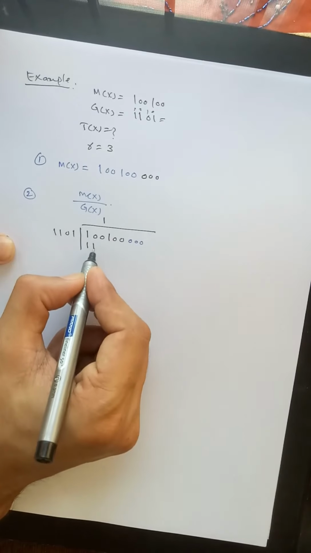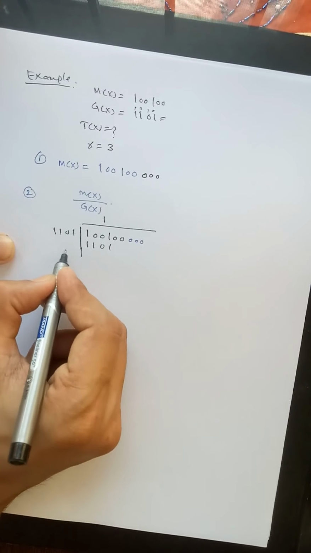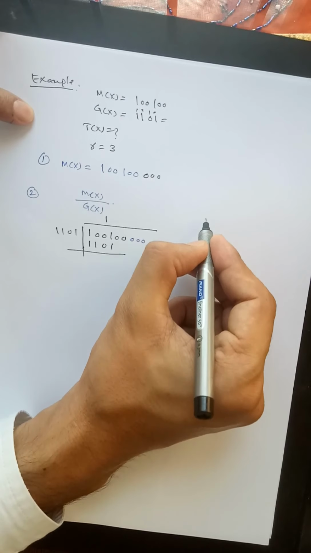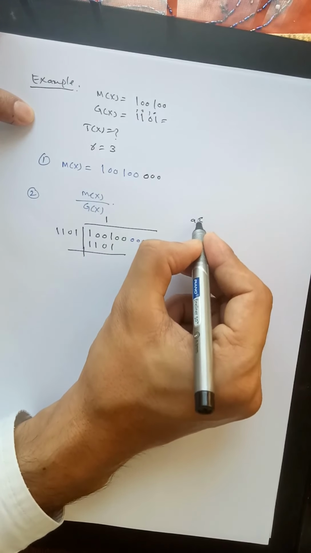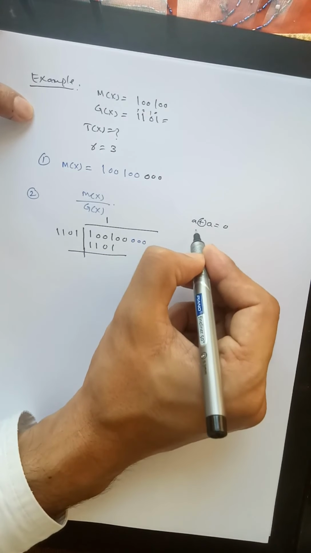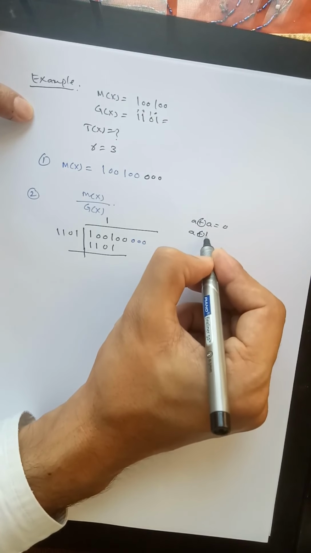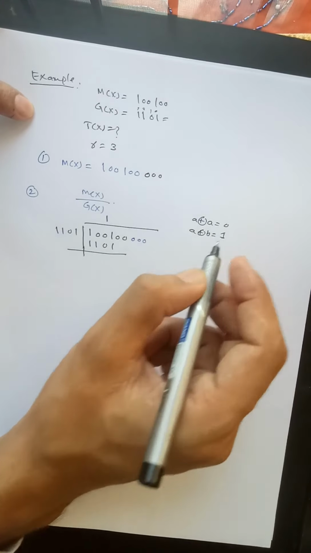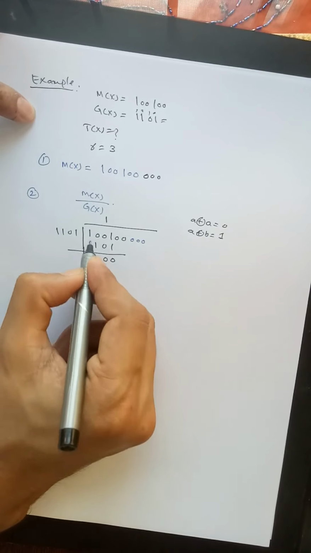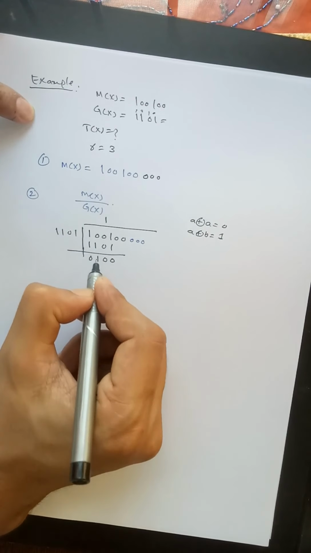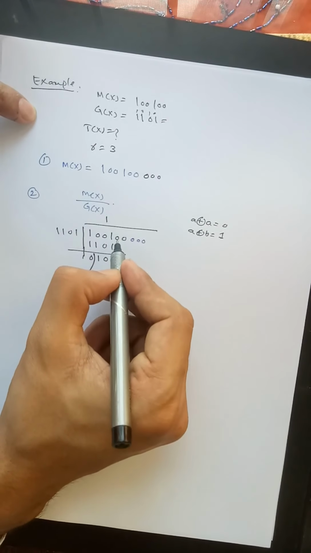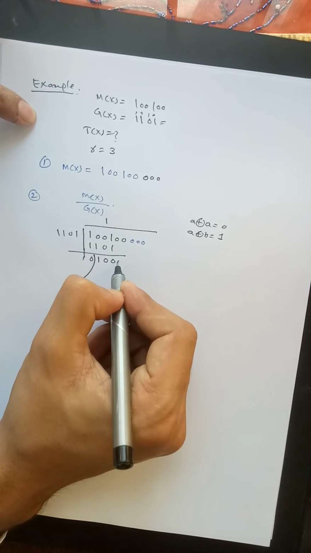After using 1, 1, 0, 1, use modulo 2. Modulo 2 is basically exclusive OR. A exclusive OR A is equal to 0, same number of bits, and A exclusive OR B is equal to 1 for different bits. So we have the same number, so we will get 0 here, 0 here, 1 and 0. Discard the starting 0 and you can bring this 0 here.